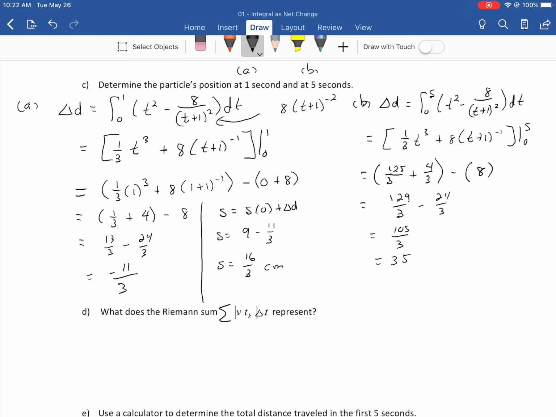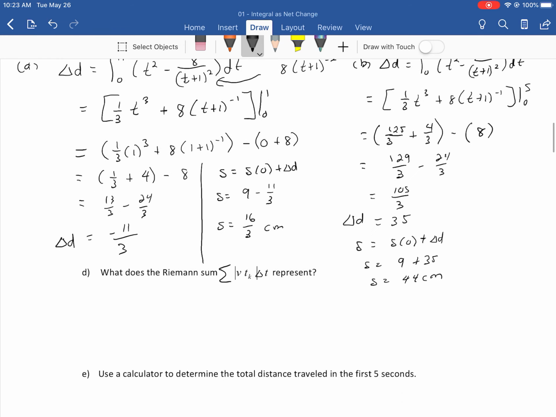So that's the delta D. That's how much it's moved, the net displacement. Then again, s is whatever it starts at plus the delta D. So it started at 9, added 35, and I get an end position of 44 centimeters this time.